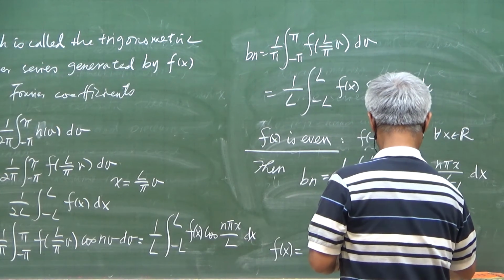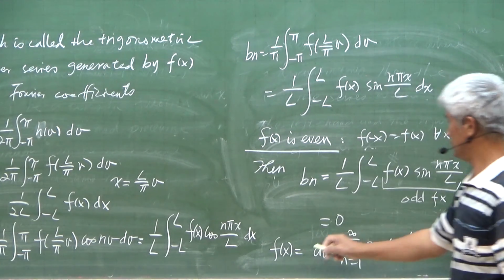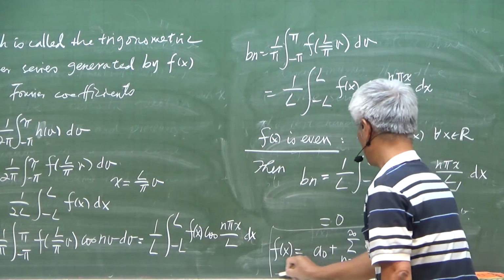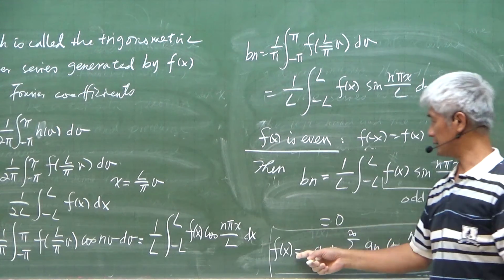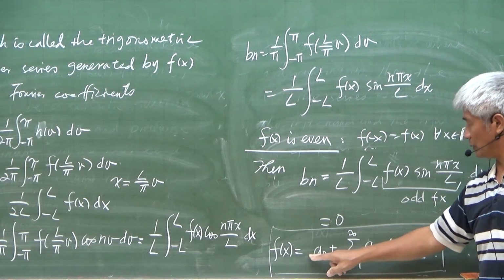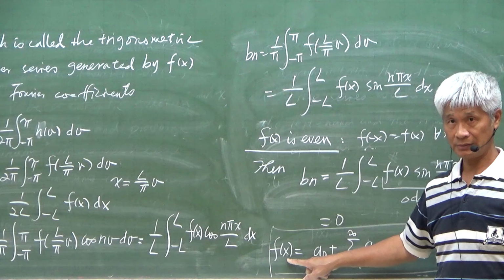So f of x has a simple representation. Of course, you have to know that when I write this equality sign, I mean that this is indeed an equality if f of x is continuous at x.